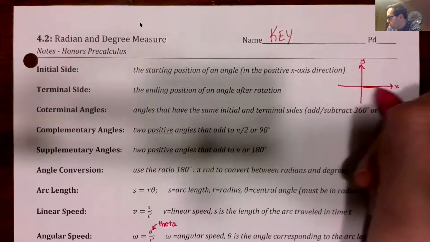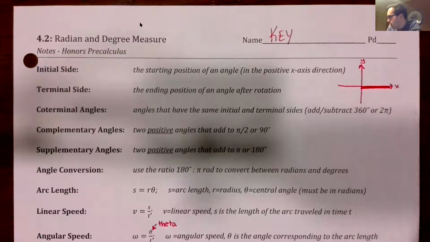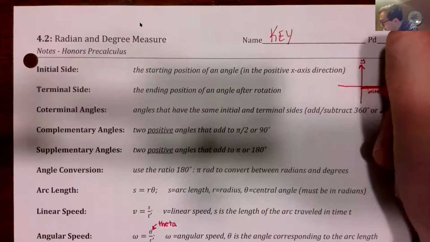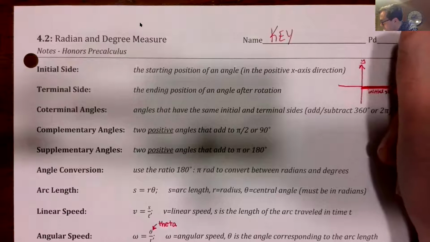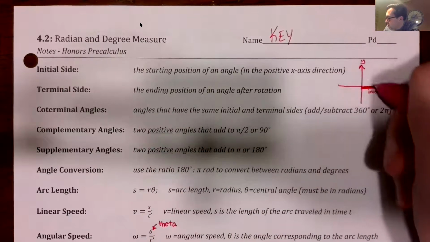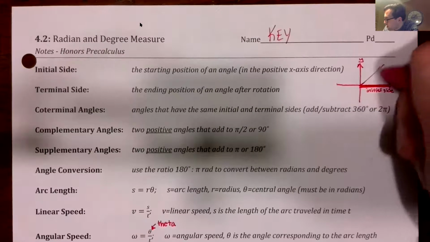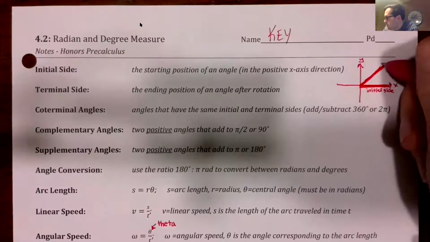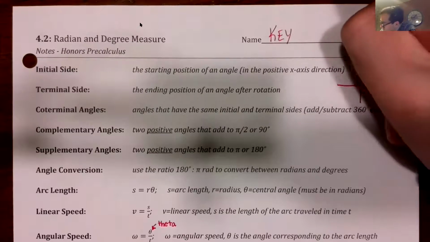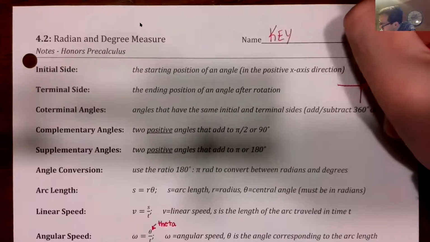So this right here, I'll try to make it a little thicker, is always the initial side of our angle. And a positive angle is going to go up from there. So potentially it could go to here, and that would be the angle, and this would be considered the terminal side.